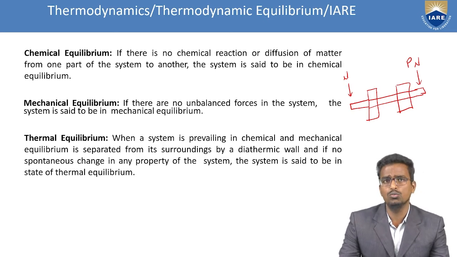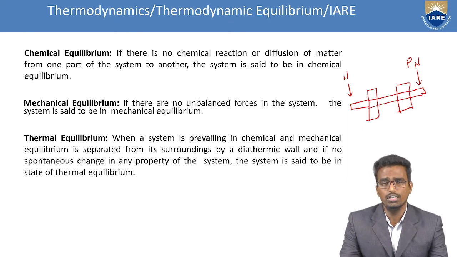And the third one is thermal equilibrium. If a system is in equilibrium with the surrounding systems in the form of temperature or heat, then we can say that it is in thermal equilibrium.